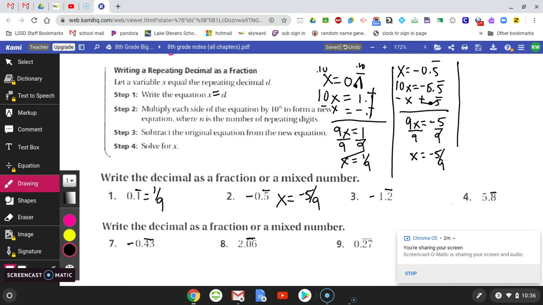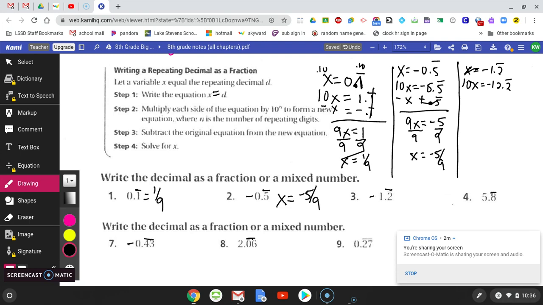All right, let's do one more where we have it to the tenth place. So we have x is equal to our repeating decimal, negative 1.2 repeating. Because there's one digit repeating, we're multiplying by 10. So that becomes 10x is equal to negative 12.2 repeating.